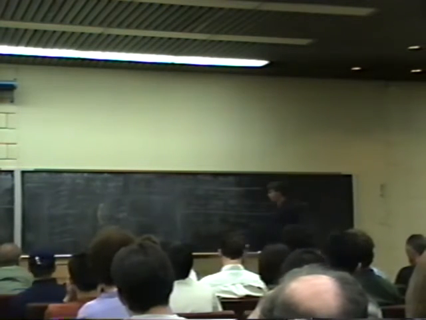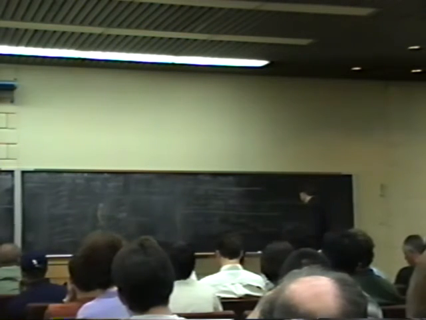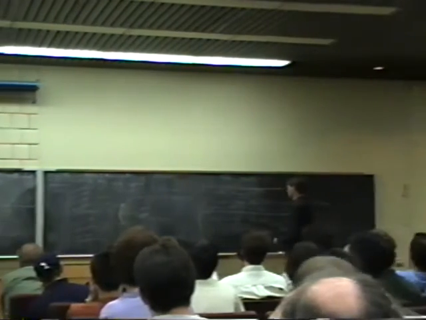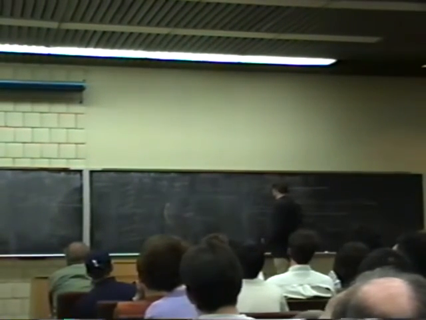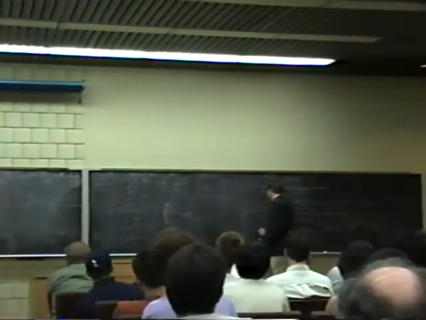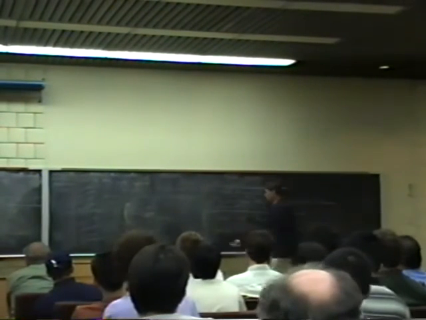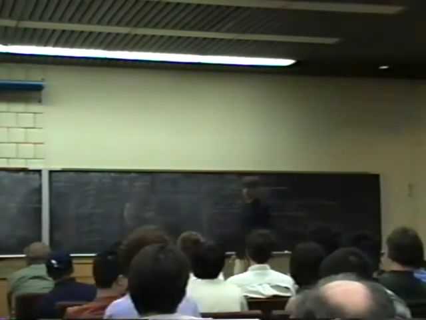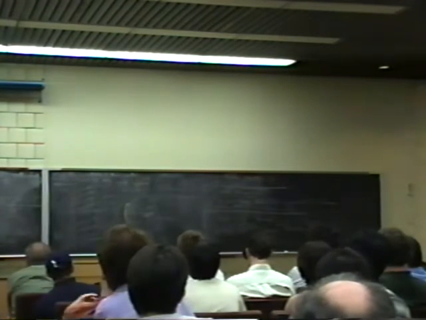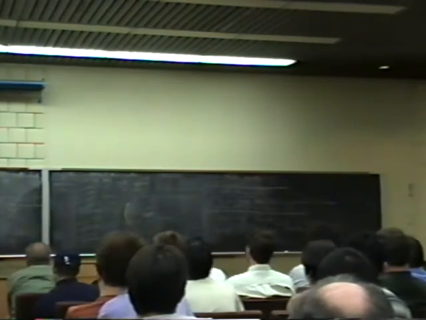And now if you insert that this is just w at e to the x, 0, this is exactly the lower bound in the theorem. This is exactly this inequality here.